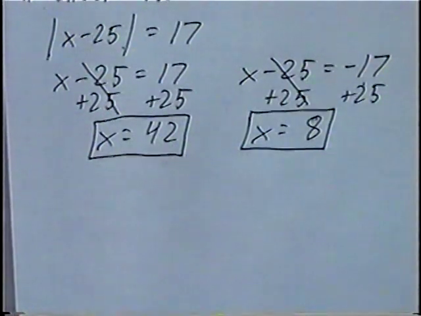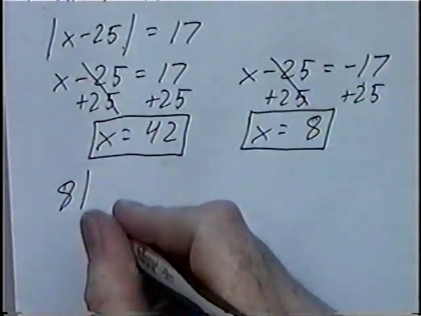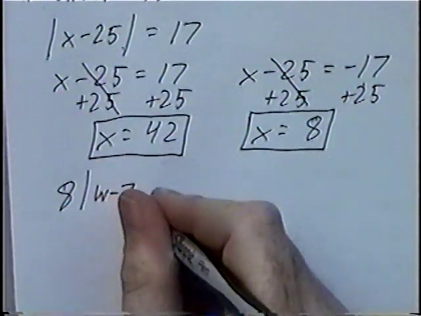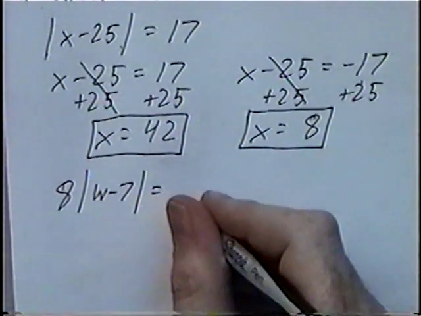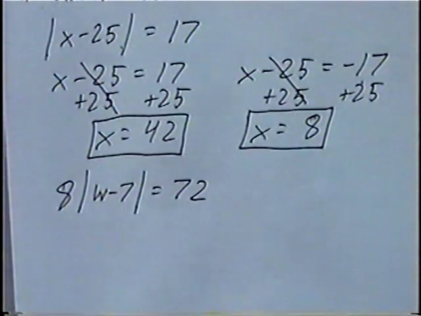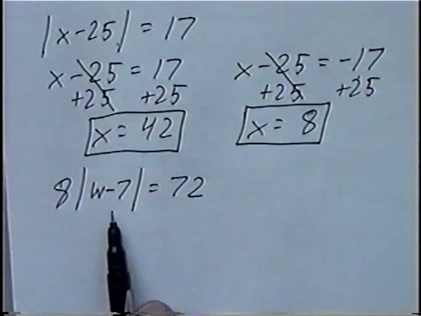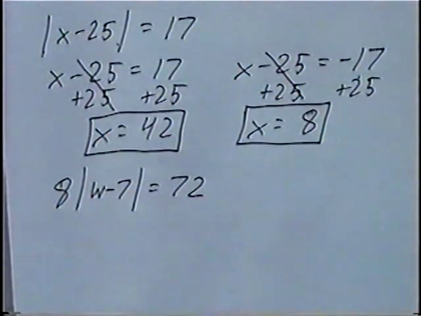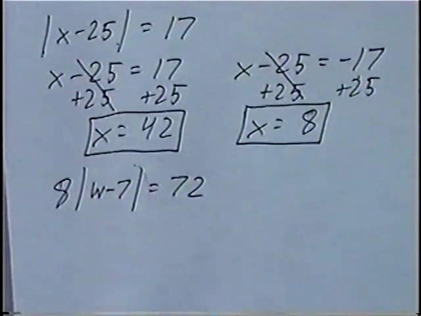Second question for the section is 8 times the absolute value of w minus 7 equals 72. To solve this equation, what we want to do before we write the two separate equations to solve is to isolate or get the absolute value by itself.